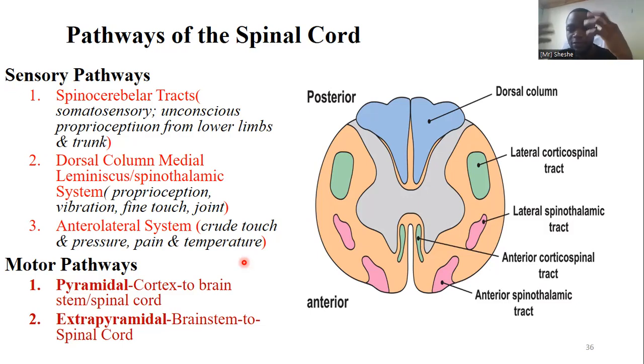So once we have thought about it, how does that information now transport from the brain to reach the spinal cord, so that these nerves that leave the spinal cord can go and affect what the brain is interpreting? So we have two types of tracts that are restricted for motor output.